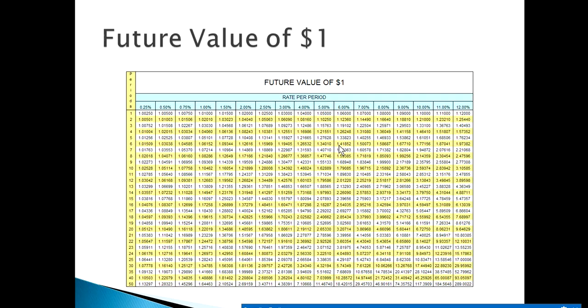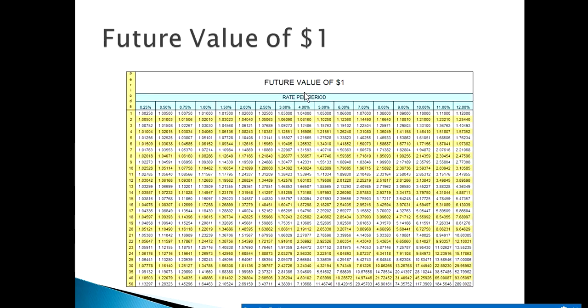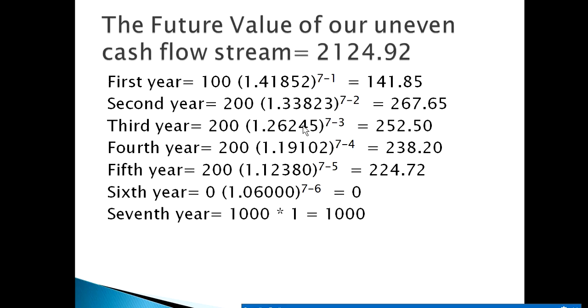We can see here 1.41. And for the second year, we have to go to 5. After we deducted 2, which is the second year, from 7 years, which is the period of our investment, we will have this number, 1.33823. You can see this number.